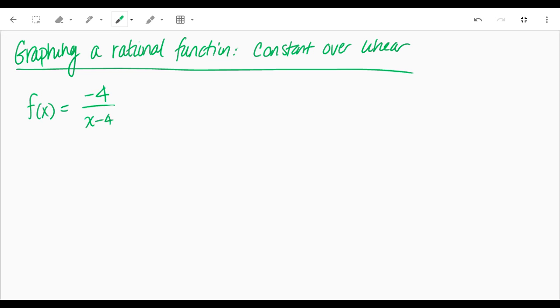Okay, so we know, again, that the vertical asymptote will be whatever makes the denominator 0. So x equals 4 will be a vertical asymptote. I suppose I should write asymptotes. And then the horizontal one, remember, when we first did these, I said these are just always going to be y equals 0.